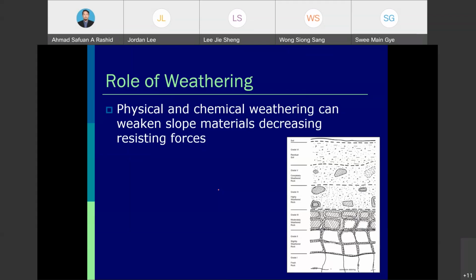Then we identified that the majority of the slopes are in a good or stable condition. Okay? Although they have been exposed for almost 40 years or 30 years. Okay? Because most of the rock is considered as grade 1 and grade 2.